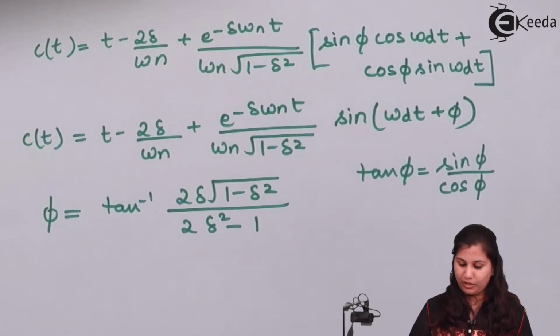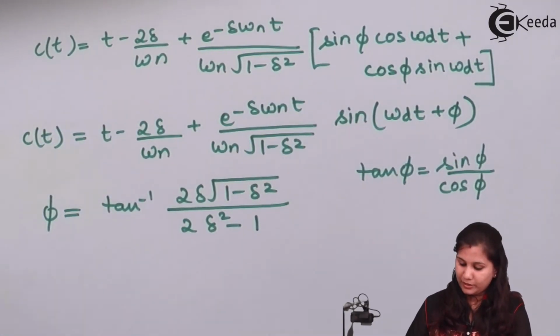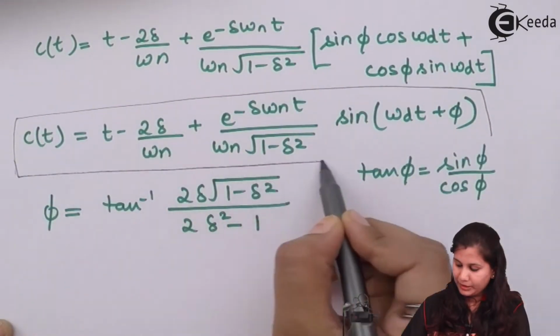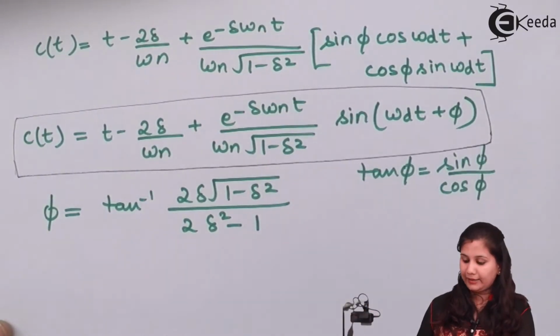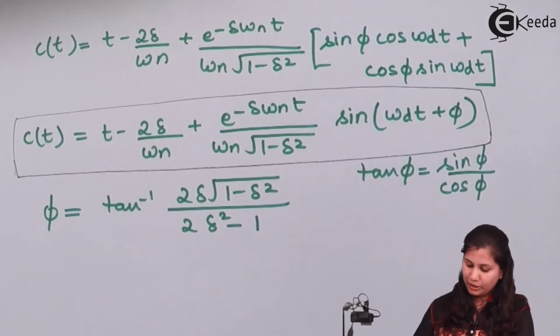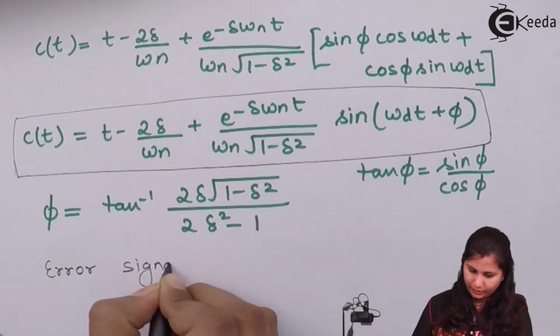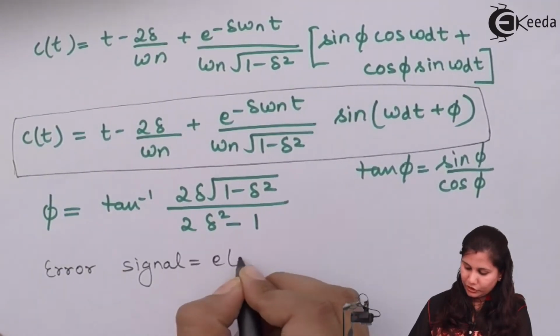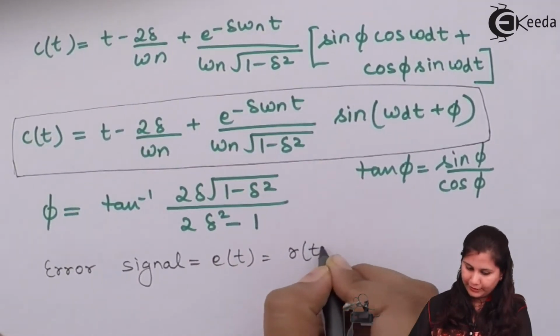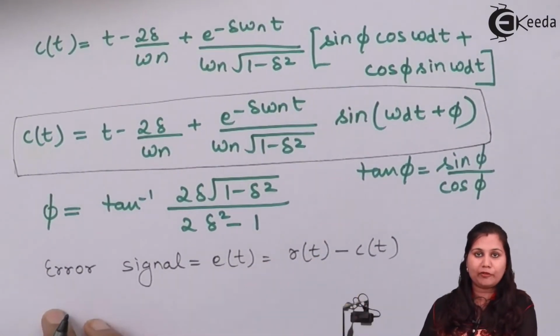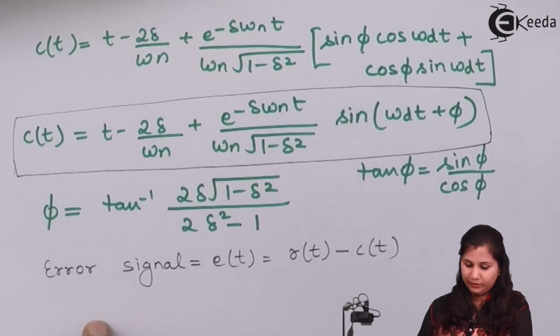Now, if we want to calculate the error signal, so the error signal is given by, this was our ct, and the input was a unit ramp function. So the error signal e(t) is the difference of input and the output. Now input is a unit ramp function, so r(t) will be equal to t.